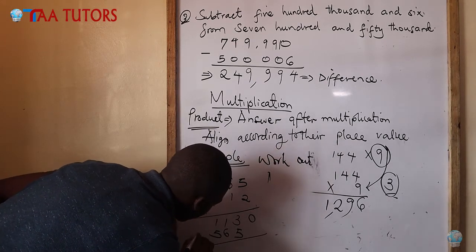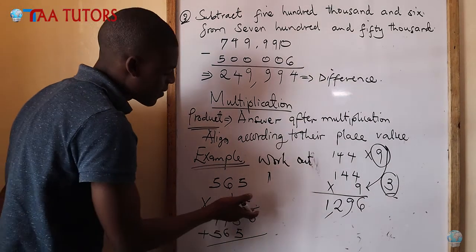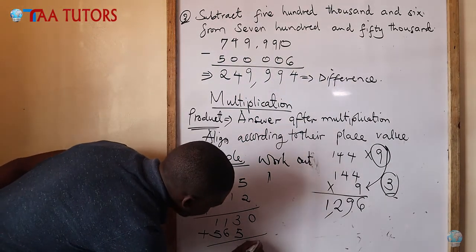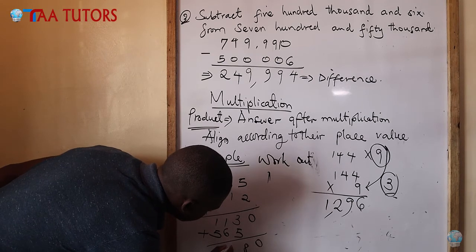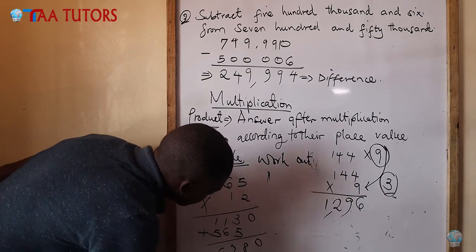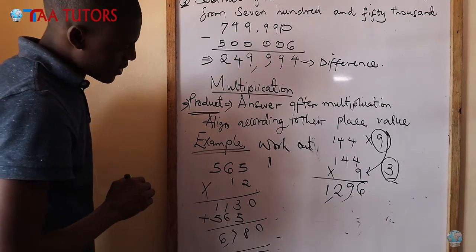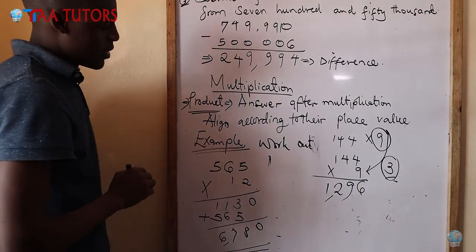Up to that point, we are adding. We first multiply, then we add. If the values are bigger, we will have 0, 8, 7, 6. The answer, which we call the product, is 6,780.